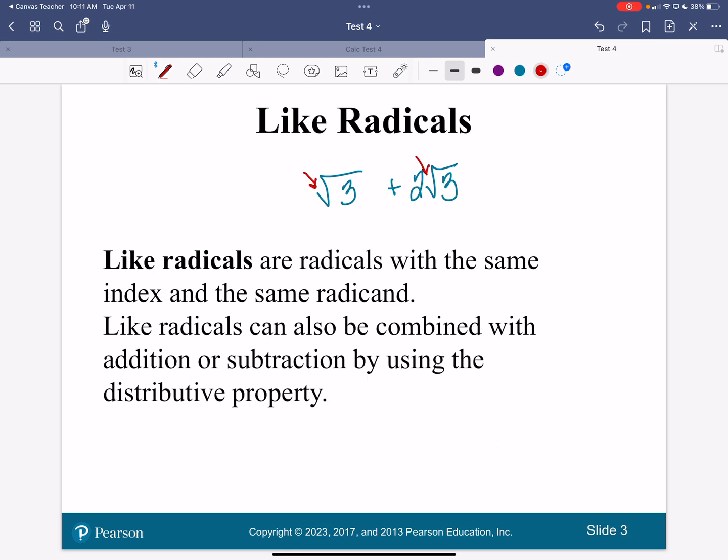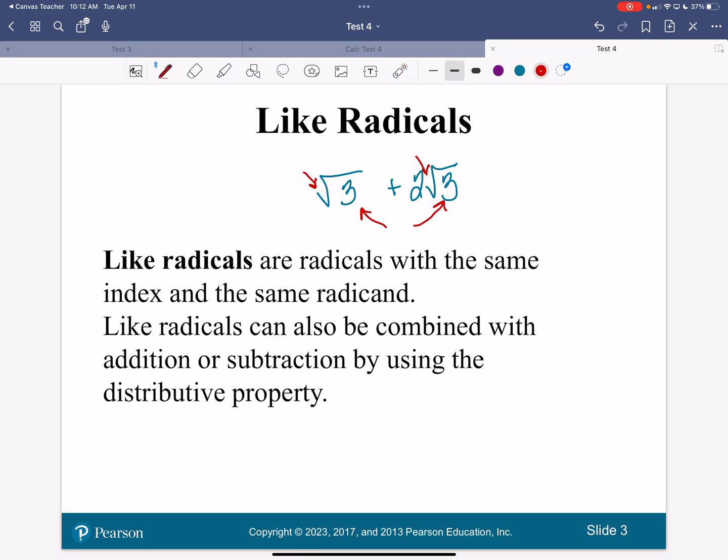Now, these are square roots, so we don't write our 2 there, because it's a square root, and the number inside the square root must be the same. So the number 3 inside and what is right here has to be the same.